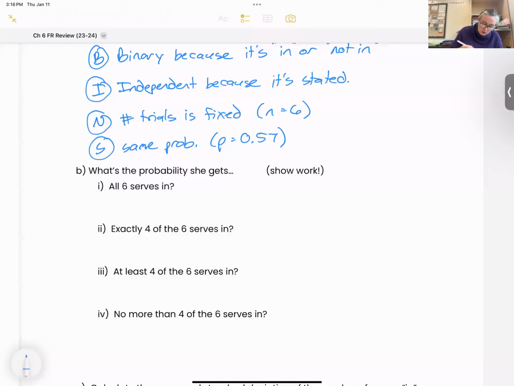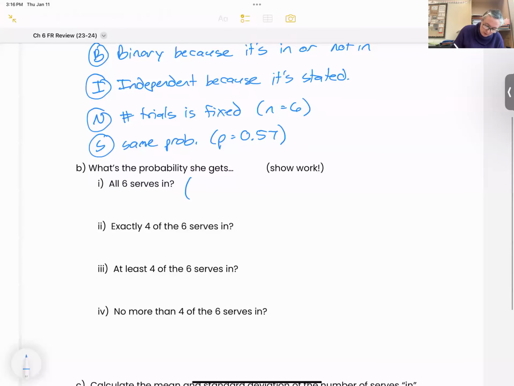That's what we're going to do. So all 6 serves in. So binomial here. So out of 6, she gets 6 in. 6 choose 6. 0.57 to the 6th. She got 6 successes. 1 minus 0.57, that's a failure, and she got 0 of those.